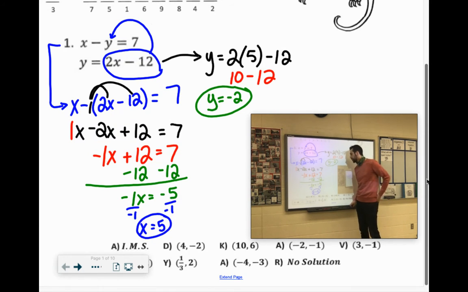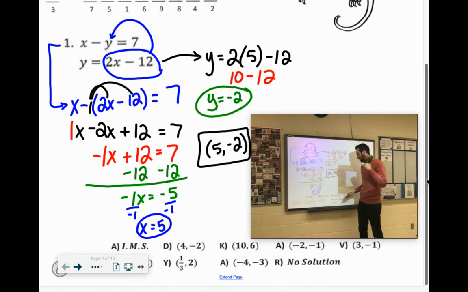We have our answer-ish. We have to write our final answers as a coordinate. So our x was 5, our y was -2. Now if you look at the back bottom of this page, you'll see all these letters and the corresponding coordinate.